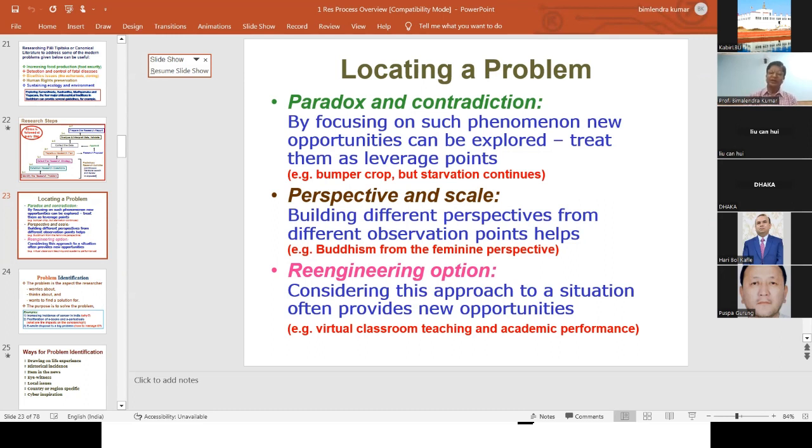Then there are re-engineering options, where a new approach to a situation often provides new opportunities, like virtual class teaching and academic performance. We have to see that during COVID-19, online classes were started, and how people became connected with each other, how the classes were done, and how academic performance developed.